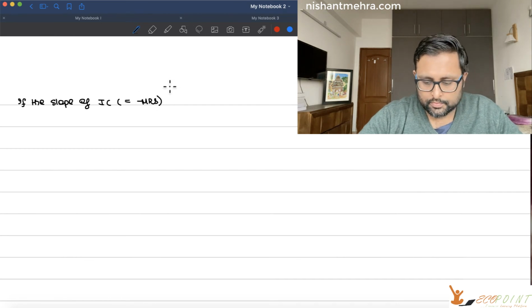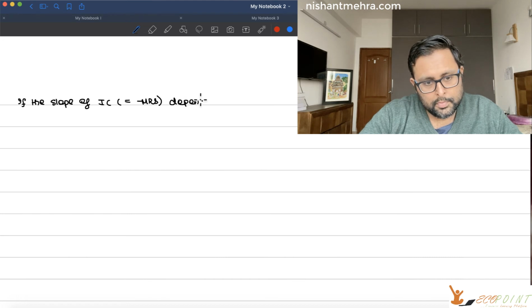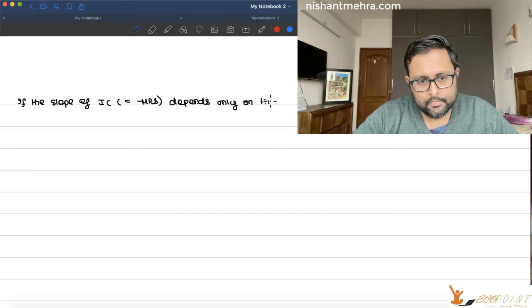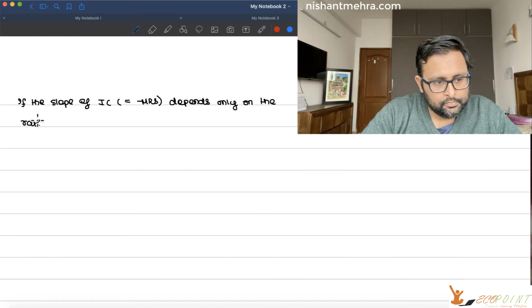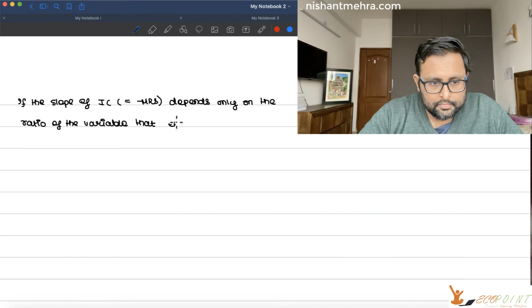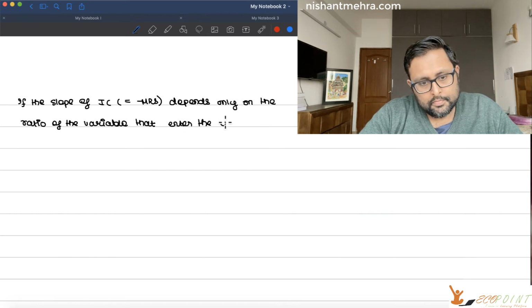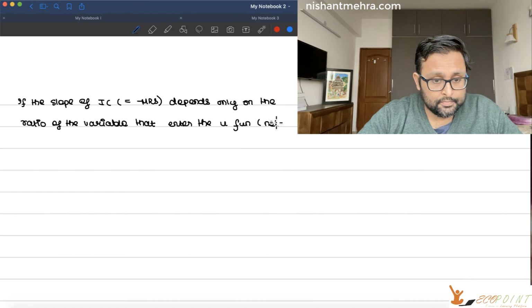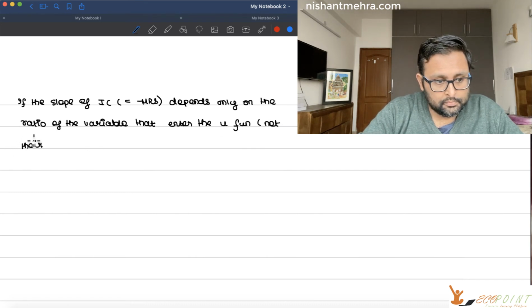Marginal rate of substitution, depends only on the ratio of the variables that enter the utility function and not their absolute levels. Right?